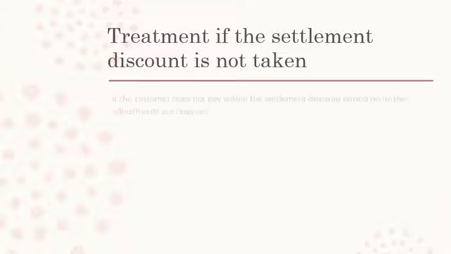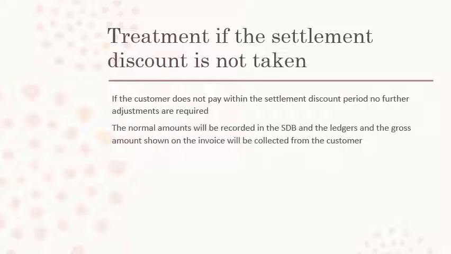Well, where this happens, there is no further adjustment required. What we'll do is we'll simply record the normal amount in the sales daybook straight from the invoice itself, and those amounts will then be transferred in due course into the ledgers. The gross amount shown on that invoice is the amount that the business will seek to collect from that customer.